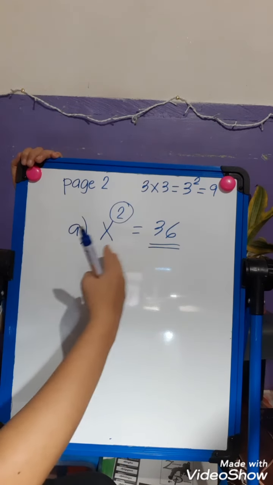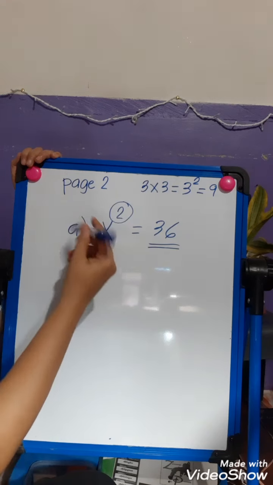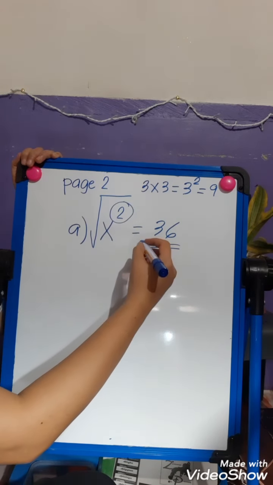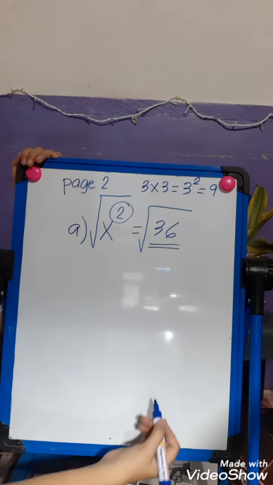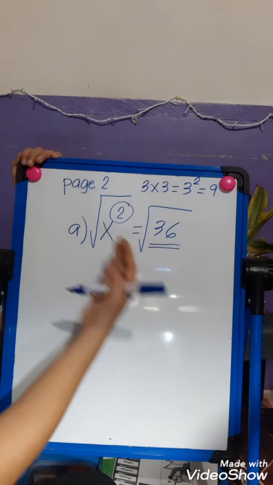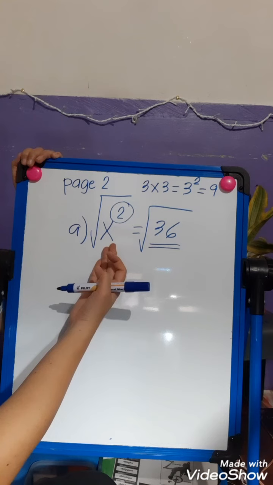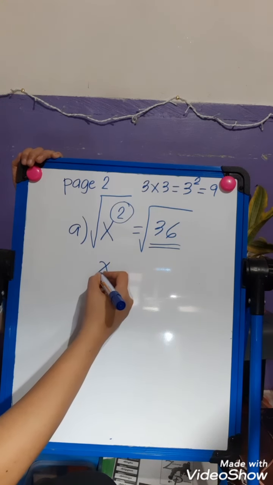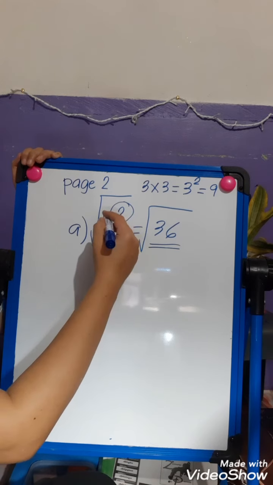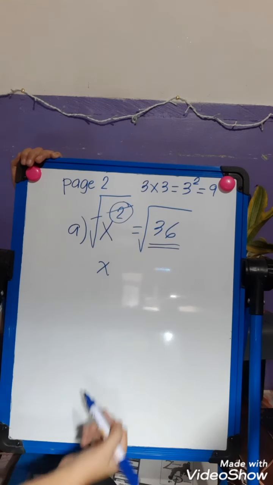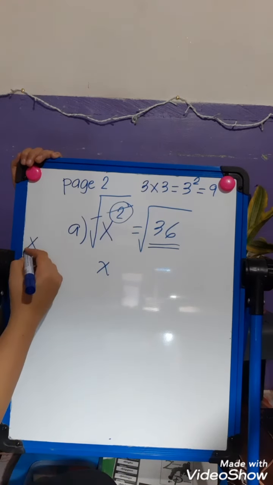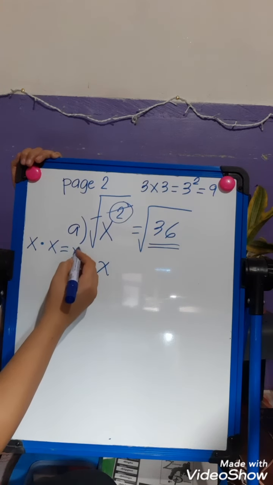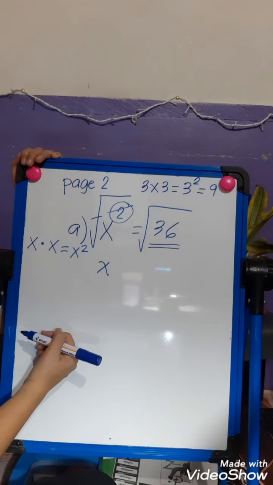So, perfect na siya, then we can extract the square root of both sides. And the square root of x squared is just x, because x times x is x squared.